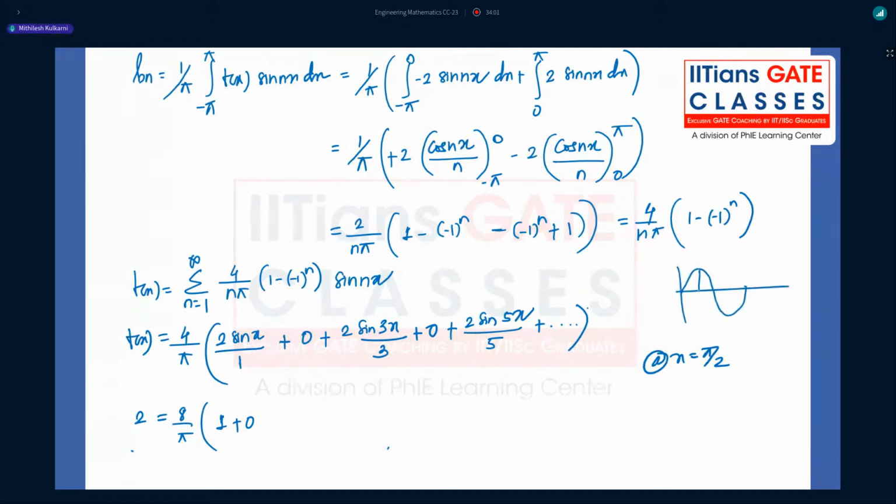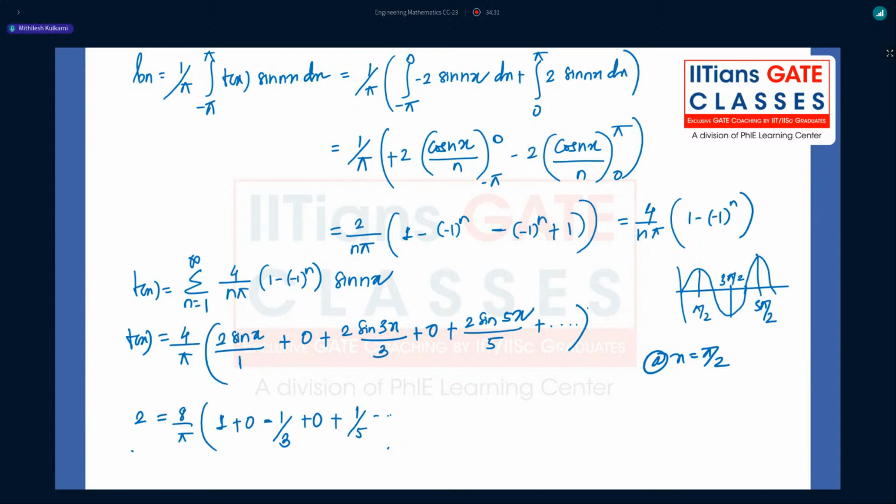Sine 3 pi by 2 is minus 1. So minus 1 by 3. Plus 0. Plus sine of 5 pi by 2 is plus 1, 1 upon 5. Okay, and so on.